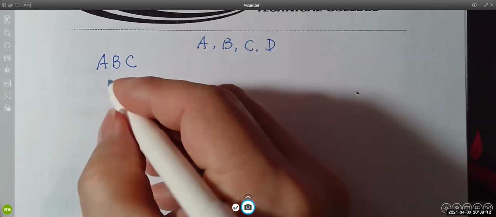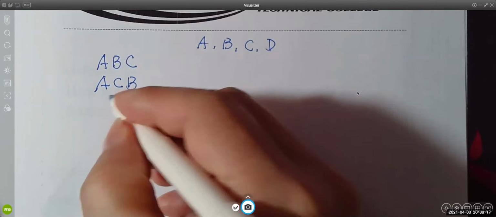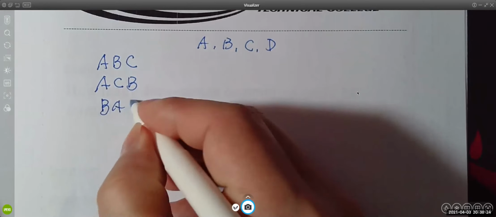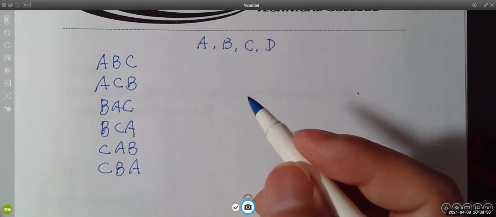So first, suppose I select A, B, C. ACB is not the same one. Remember, order makes a difference. These are considered 2 different outcomes. So I have 6 now. There are 6 different ways to select ABC, actually. Order makes a difference. Now let's do the others.